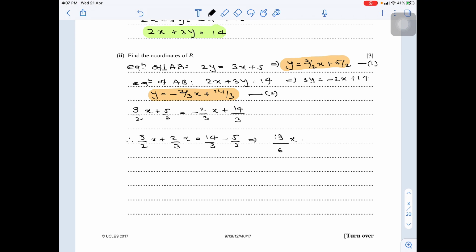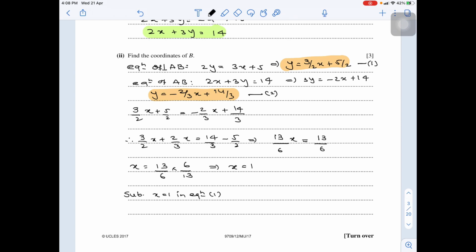That makes it 13 over 6x equals 28 minus 15. That is 13 over 6. So x is 13 over 6 times 6 over 13. Gives me x equals 1.